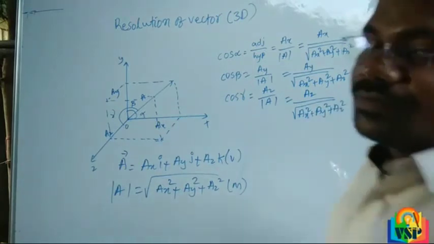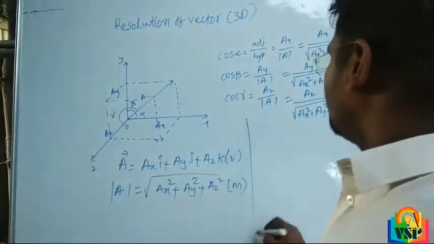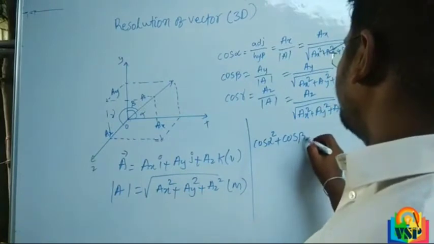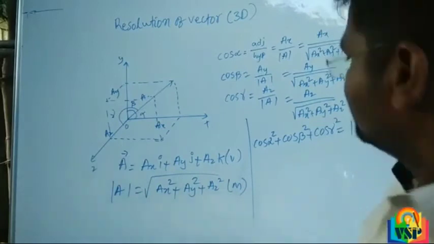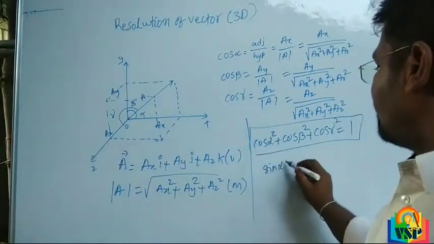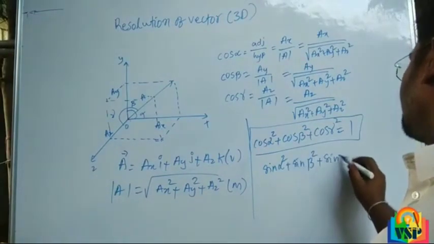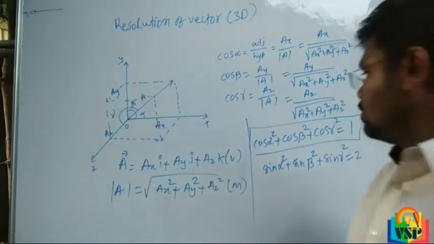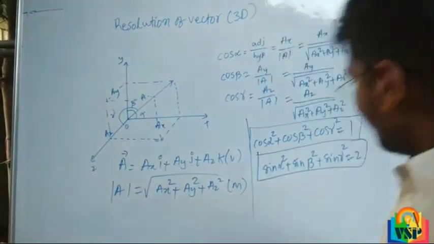So we can say, according to the cosine rule, cos square alpha plus cos square beta plus cos square gamma is equal to 1. And sin square alpha plus sin square beta plus sin square gamma is equal to 2. How can we find this?